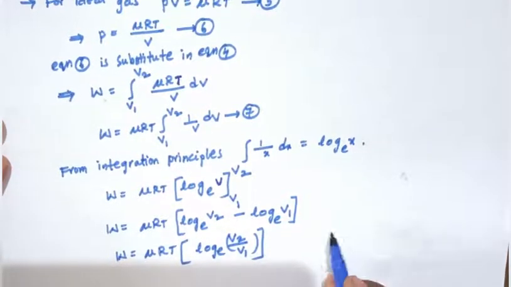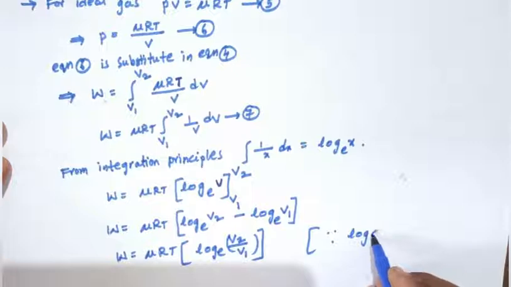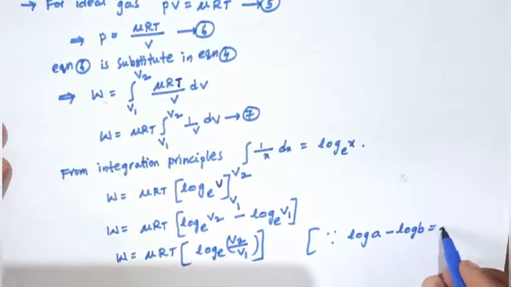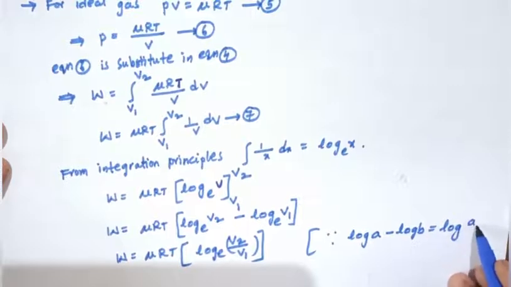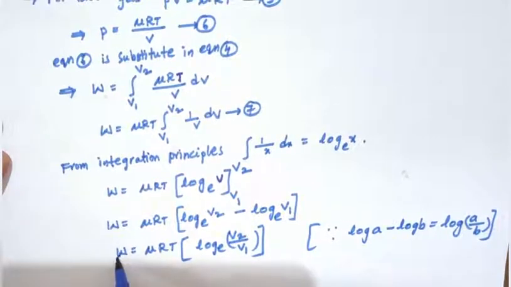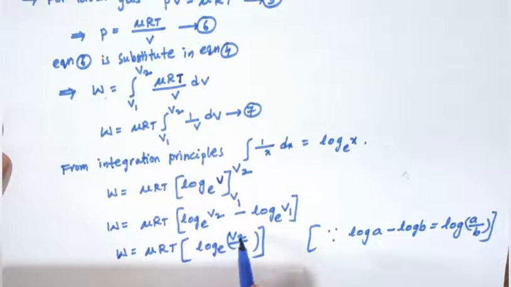So this is the principle: log A minus log B equals log A by B. So W equals mu RT log base e V2 by V1.